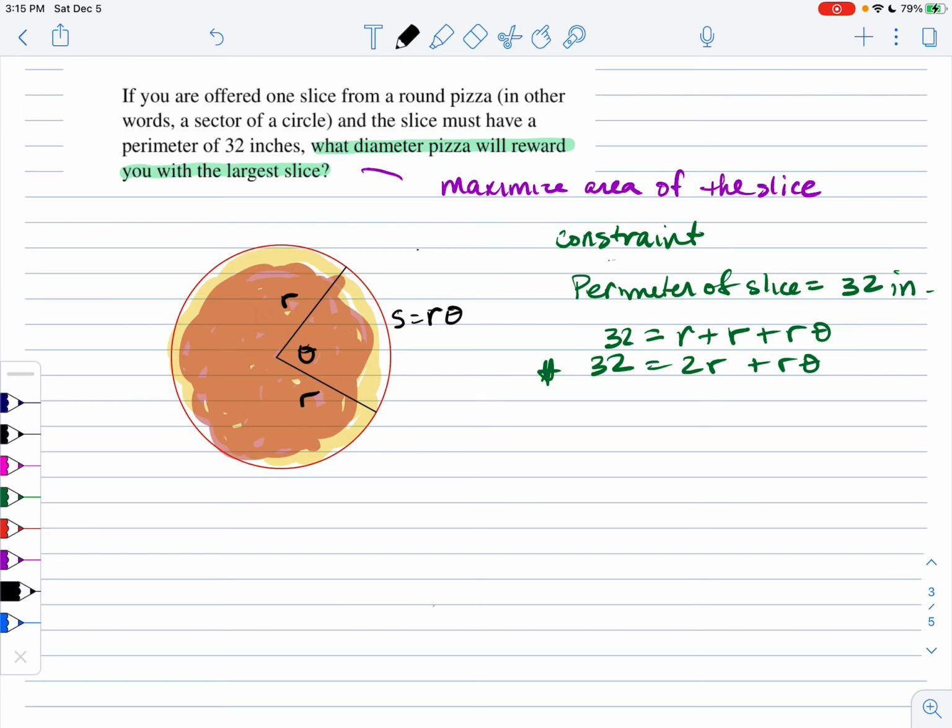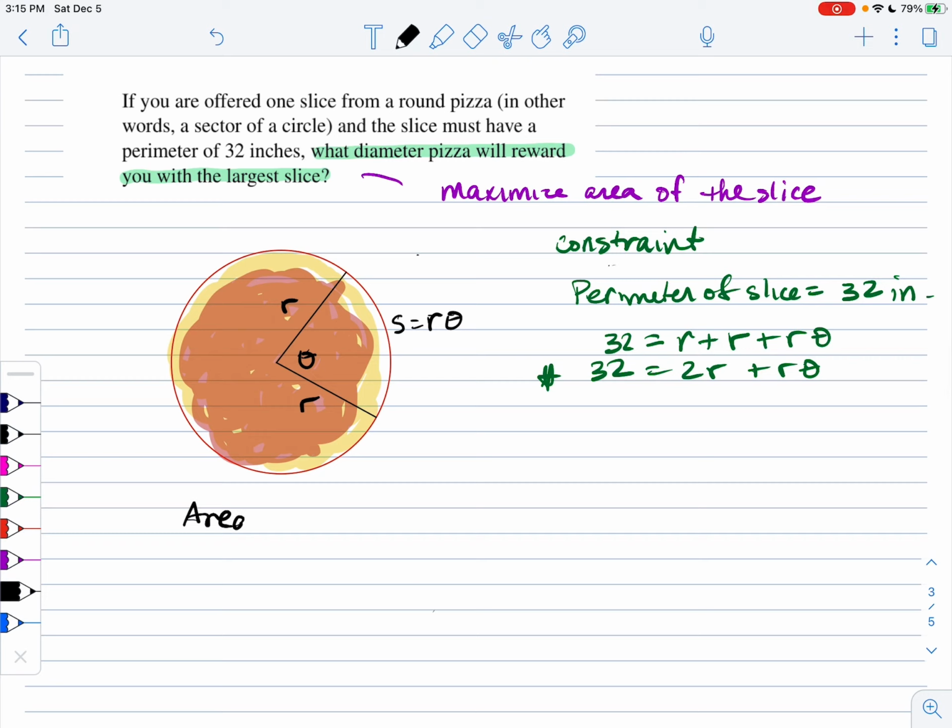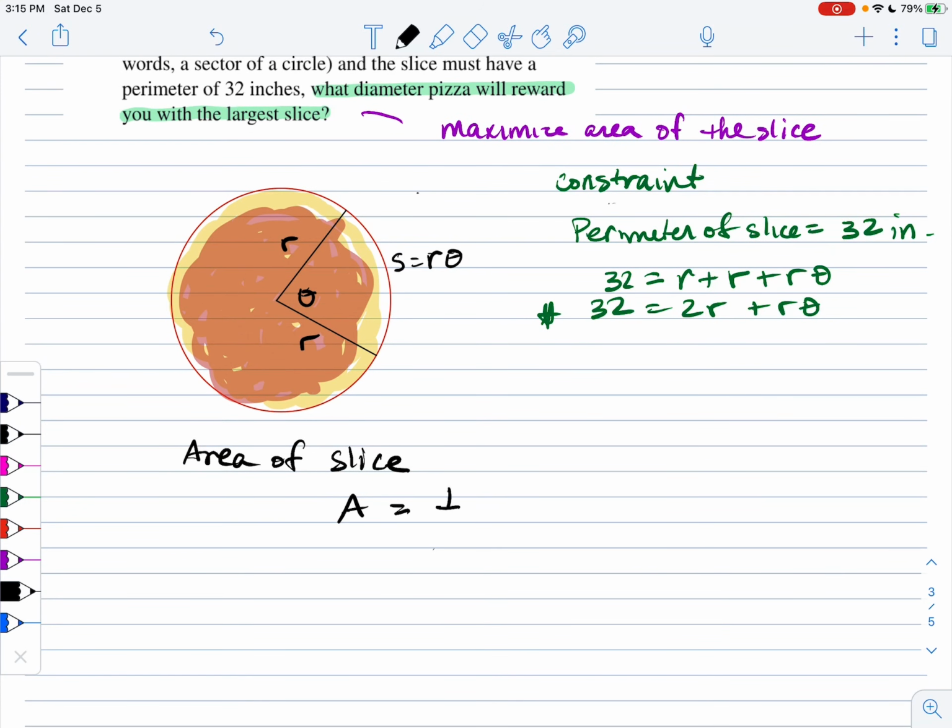Now, the area of the slice, I can call A, is given by the formula 1/2 r squared times theta. And that is derived in a geometry or trigonometry course, but you can always look up the area of a sector. Okay, well, that's in two variables again.